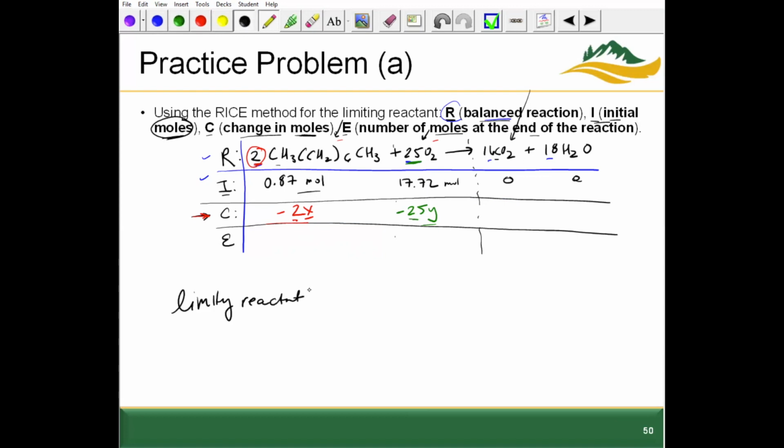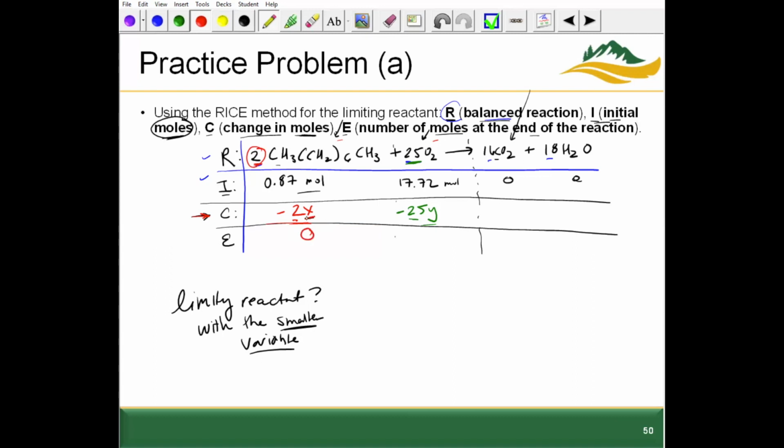So which one is the limiting reactant? It's going to be the one with the smaller variable. Let me show you what I mean. If we're assuming that all the octane is used up, we'll end up with 0 in the end.